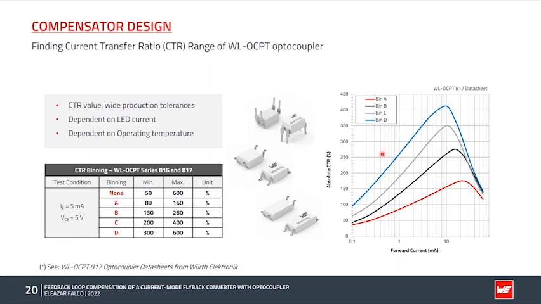This curve can be used as a reference for a rough estimate of the CTR value. However, they are only measured for a specific device within each binning, and that means that they will also change from device to device.